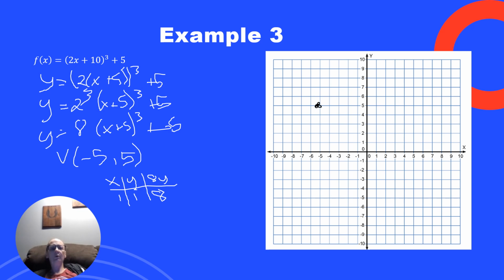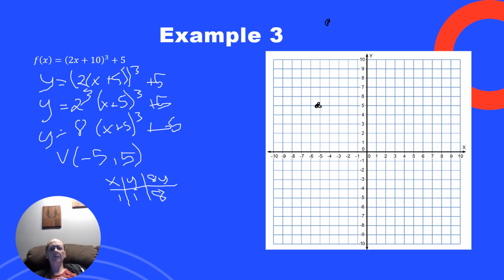And there we go. And now we want to go over 1 to the left on x and 8 up on y. So I can't quite get 8, but I'll try. 1, 2, 3, 4, 5, 6, 7, 8. It's like way up here.